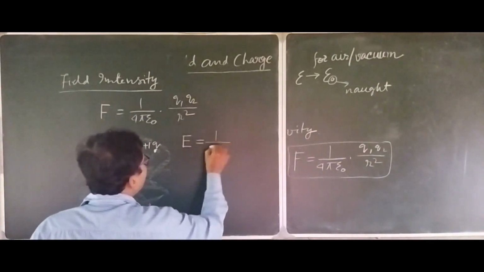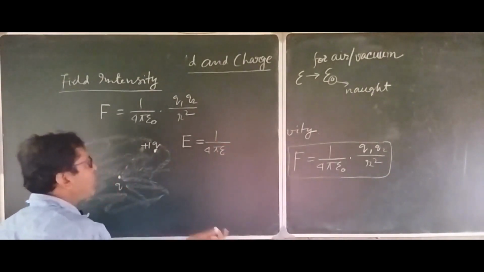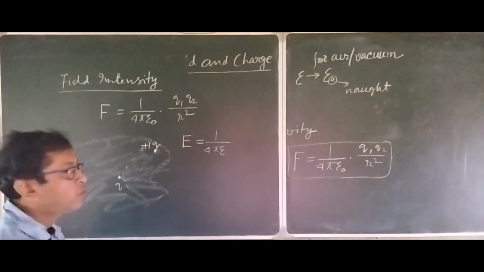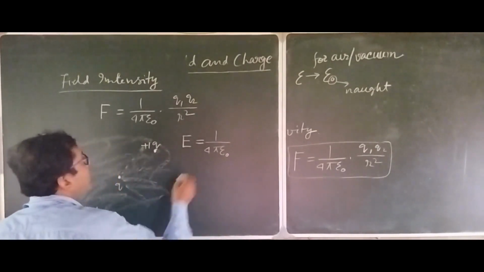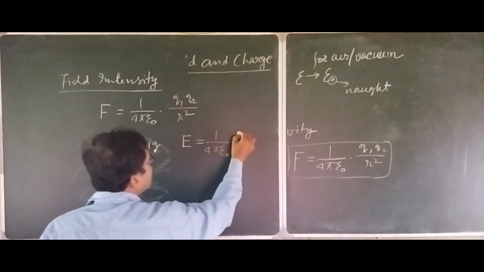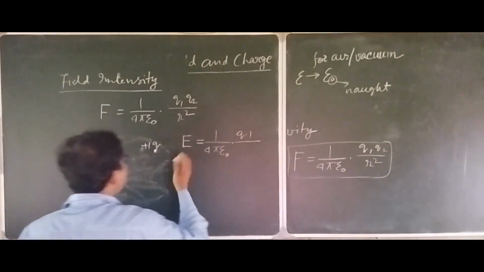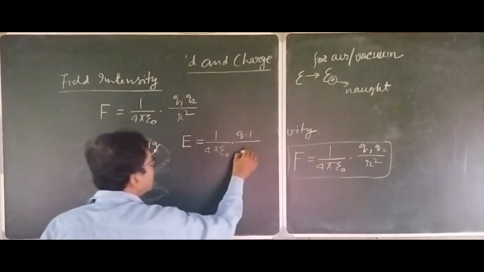So 1 by 4 pi epsilon naught, or you can write epsilon. Sometimes the medium is different from air or vacuum. So now I am writing epsilon naught. The first charge Q1 is Q. The second charge Q2 is 1 by, if we assume the distance as r, then it is r square.